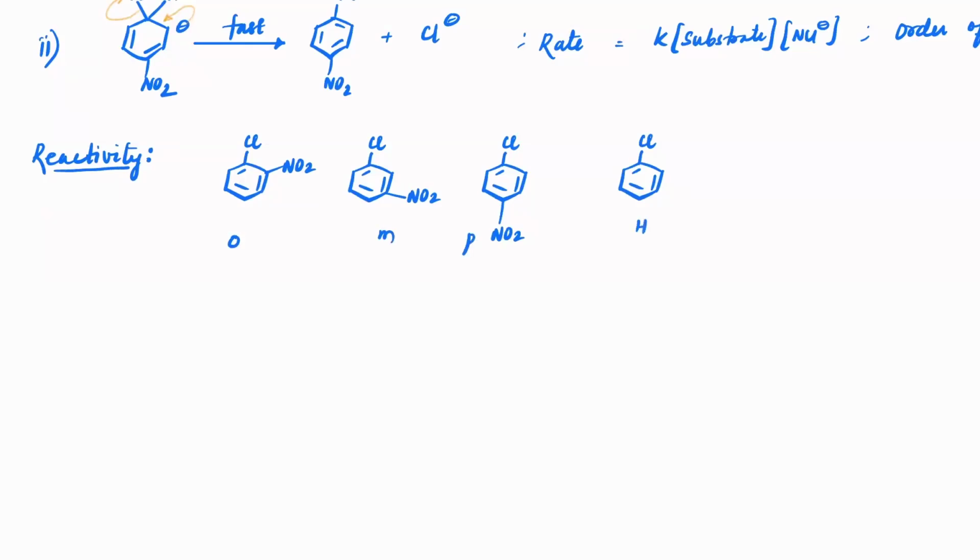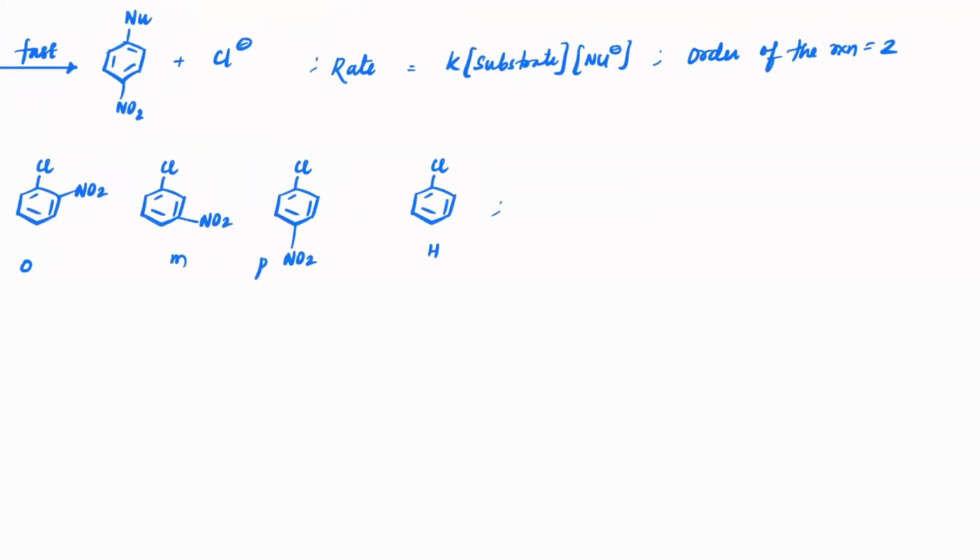Okay. In that case, if you follow the rate here, the rate of reaction will definitely be more for ortho, because at ortho it will help in getting more delta positive charge, and then the nucleophile can attack more easily. So you need to create that more delta positive charge so that the nucleophile can attack more easily here.